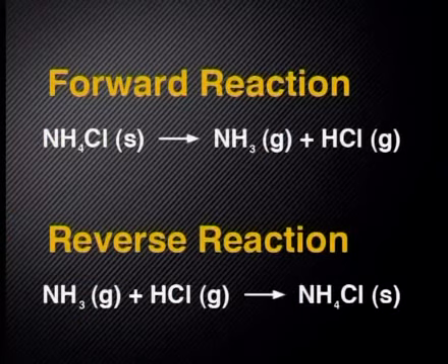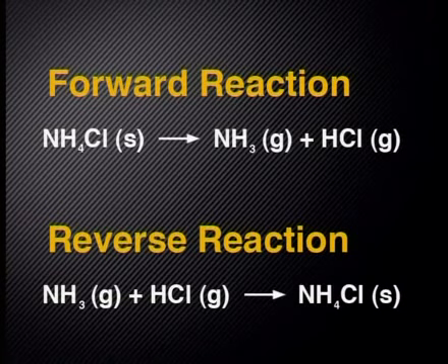Can you suggest how we can represent the chemical equilibrium in the container? For phase equilibrium, we combined the equations for the forward and reverse reactions. Let's do the same here. The forward reaction shows the decomposition of the ammonium chloride to form gases, and the reverse reaction shows how the gases combined to form the solid.